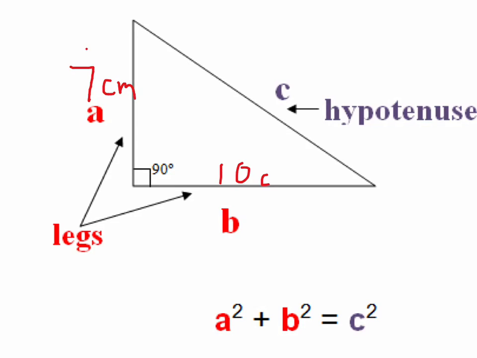To find the length of the hypotenuse, or side C, we are going to substitute these two numbers into the Pythagorean formula here.